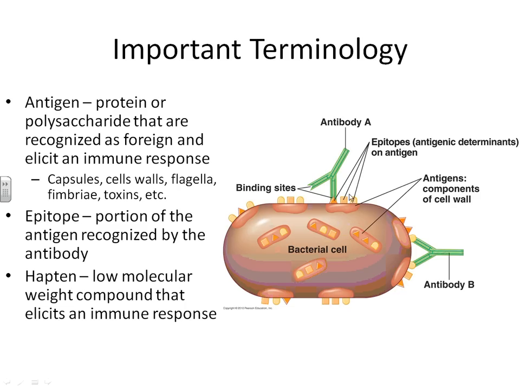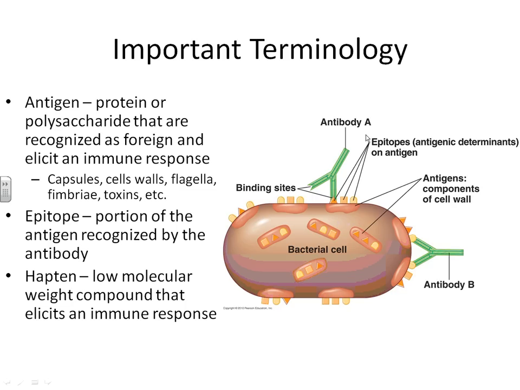This picture here is showing you a bacterial cell, and the reason you see several different shapes sticking off the surface is because the image is trying to demonstrate that one bacterial cell does not have only one antigen. There may be one protein sticking off of the bacterial cell surface that can be specifically recognized by this antibody.